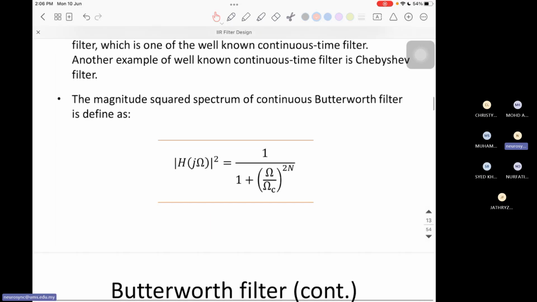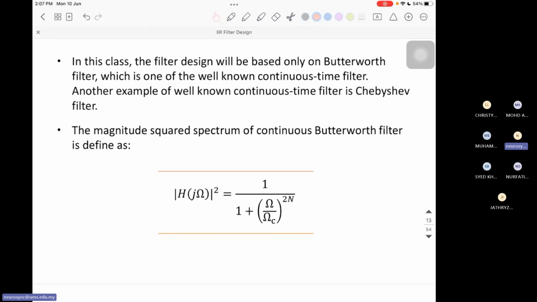Omega is the continuous time frequency, and omega c is the cutoff frequency in the continuous time. So this relation is very important. Using this Butterworth filter, we will design the IIR filter.